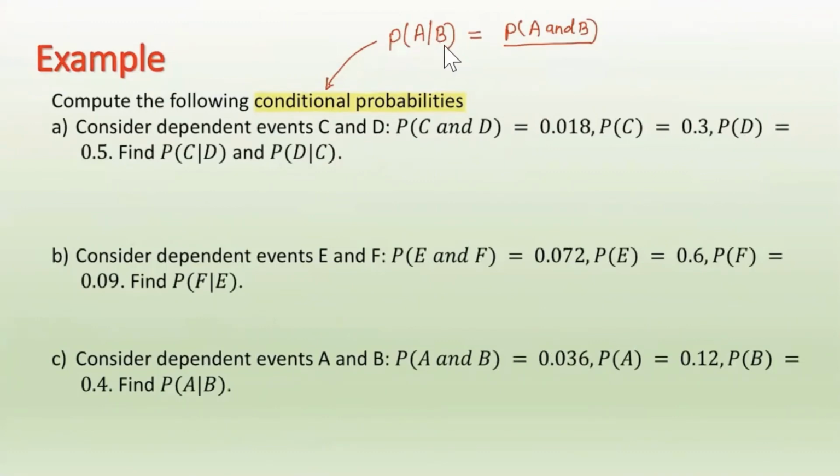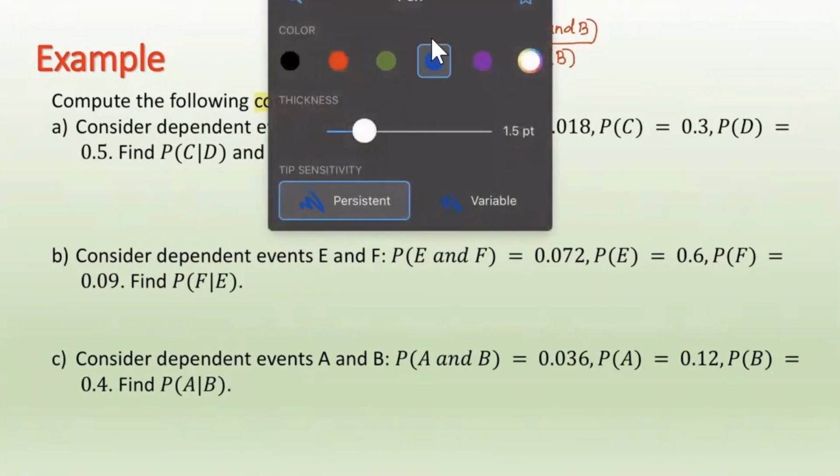When we say A given B, whatever is there after the slash, here I have a B, so it will be divided by probability of B. That is the formula for calculating the conditional probability. So in each of these examples here, we are going to use this formula and calculate the probability. So let's begin with the first one.